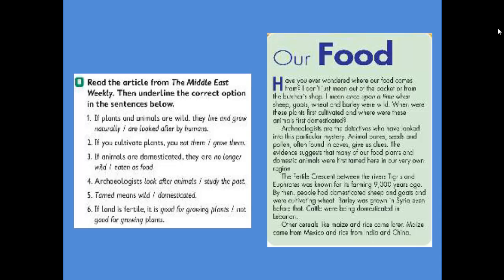When were these plants first cultivated, and where were these animals first domesticated? Archaeologists are the detectives who have looked into this particular mystery. Animal bones, seeds, and pollen, often found in caves, give us clues.